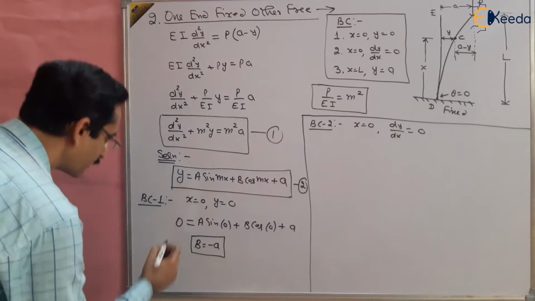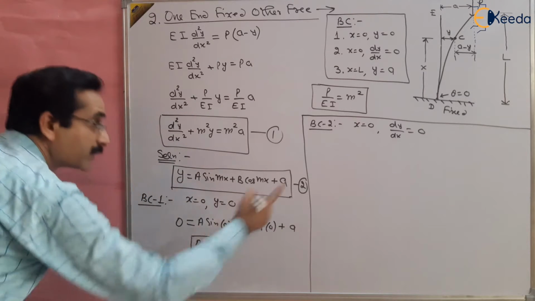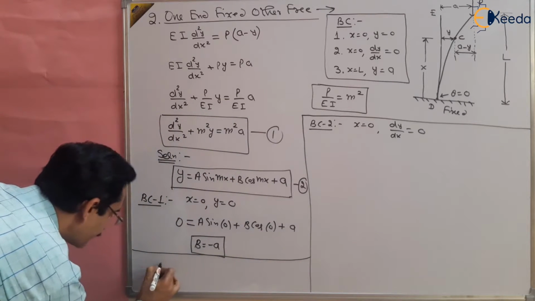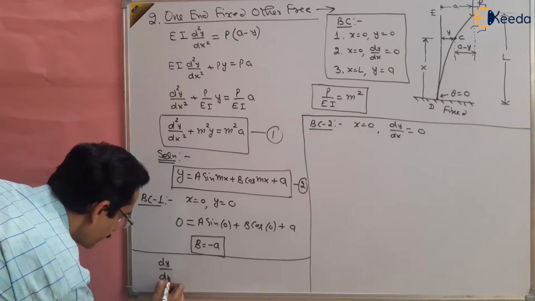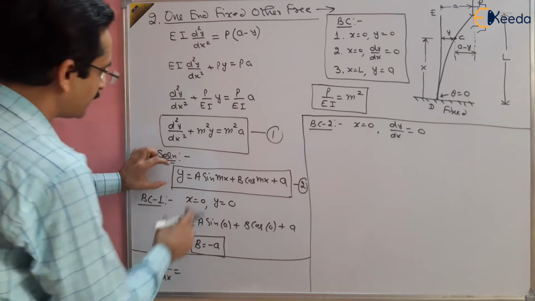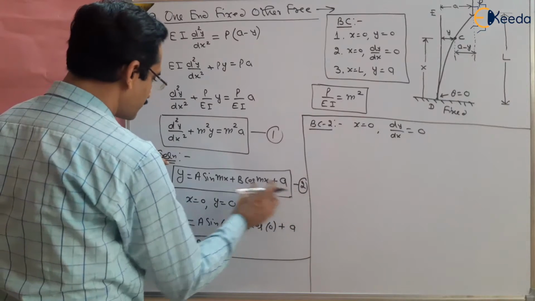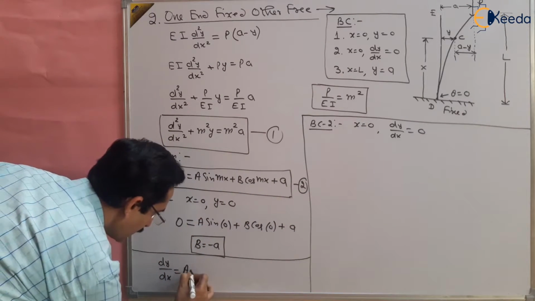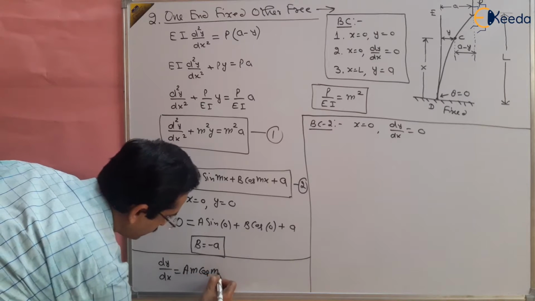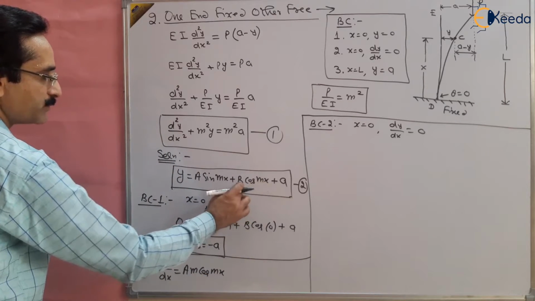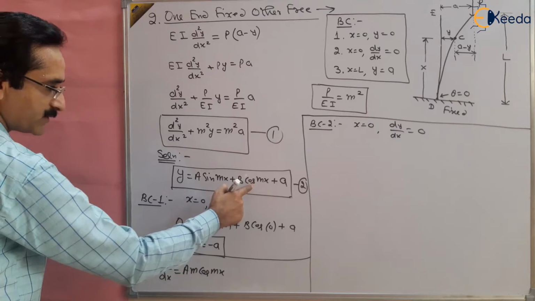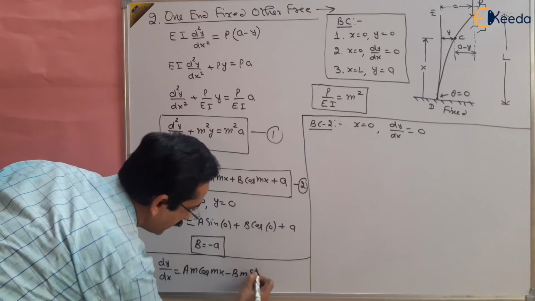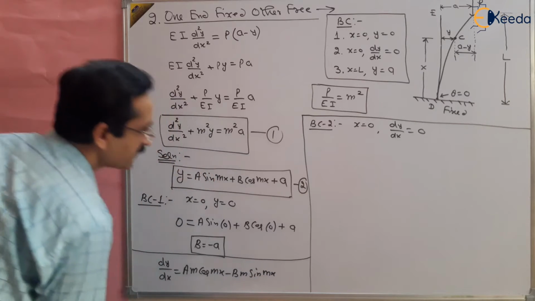What is dy by dx? Dy by dx is the differentiation of this equation, right? So a m cos mx, differentiation of b cos mx is, differentiation of cos is sine, so you will get minus b m sin mx, and differentiation of a is 0.